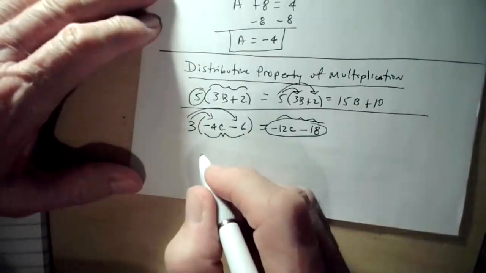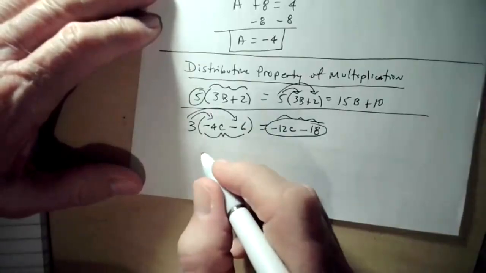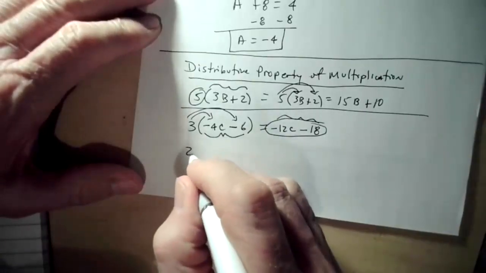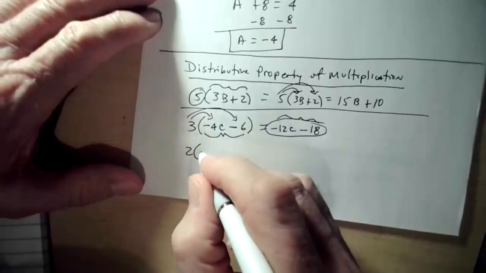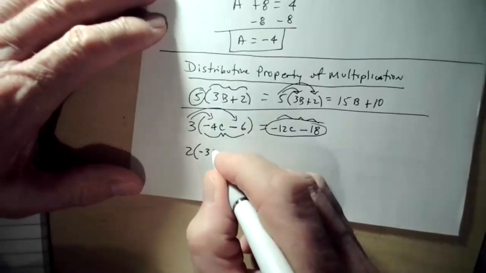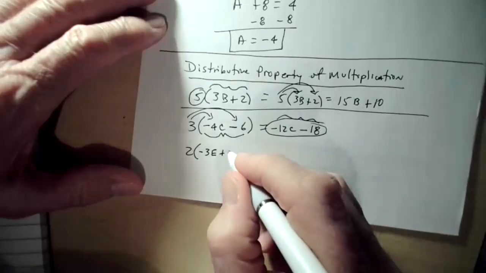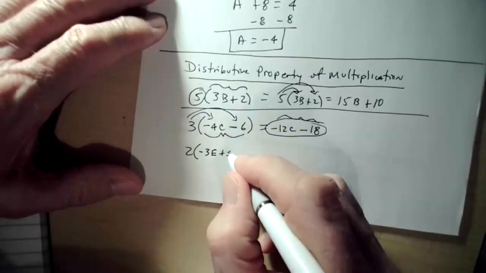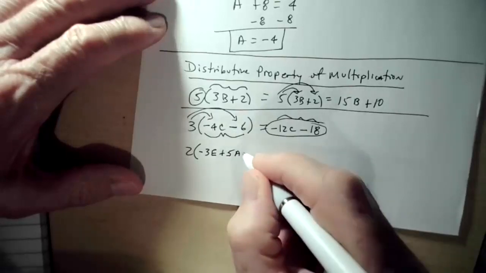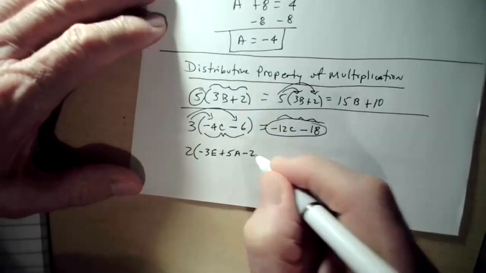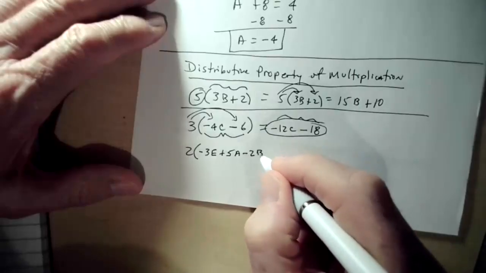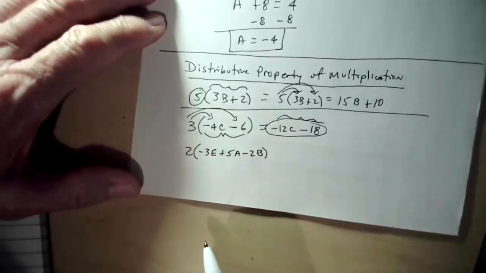Now it doesn't make any difference how many numbers are in here. What if we have 2 open negative 3e plus 5a minus 2b.